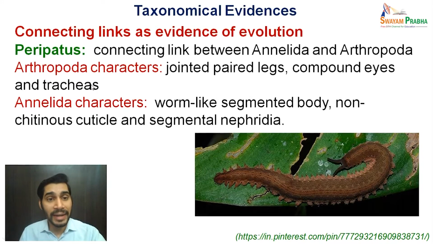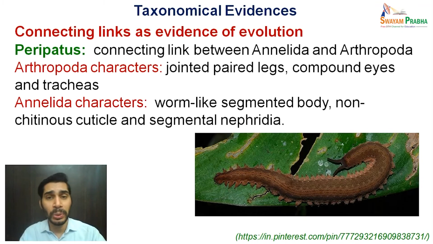It also has annelidan characters. It has a worm-like segmented body, which is non-chitinous cuticle bearing and has segmental nephridia. So this organism shows characters of both. So it is a sort of transitional stage. But this is living, in contrast to what we discussed about the missing links.